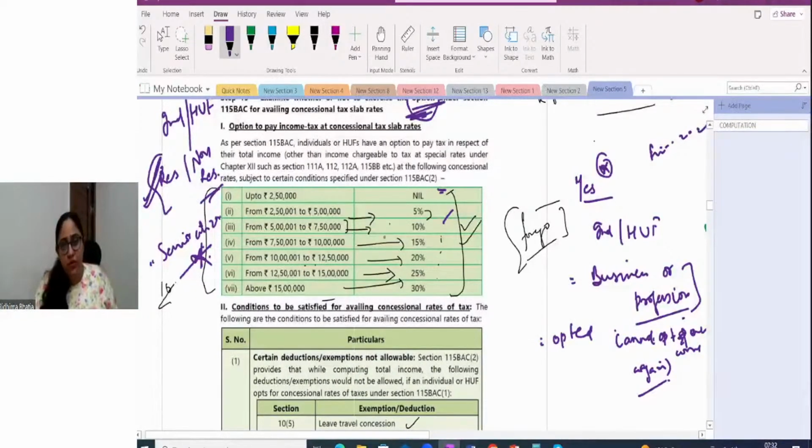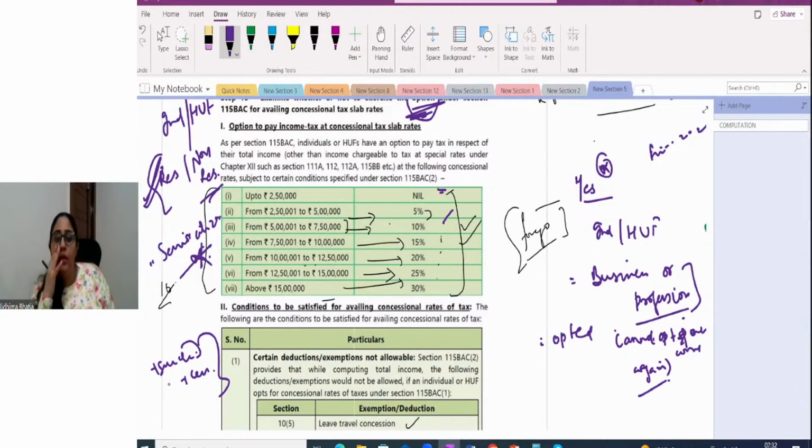You don't have to compare the incomes, you have to compare the taxes. Whichever is higher, you will not take that. Whichever is lower, obviously you will take that. When I say compare the taxes, I mean including surcharge and cess, and if there is any rebate, taking the benefit of it.